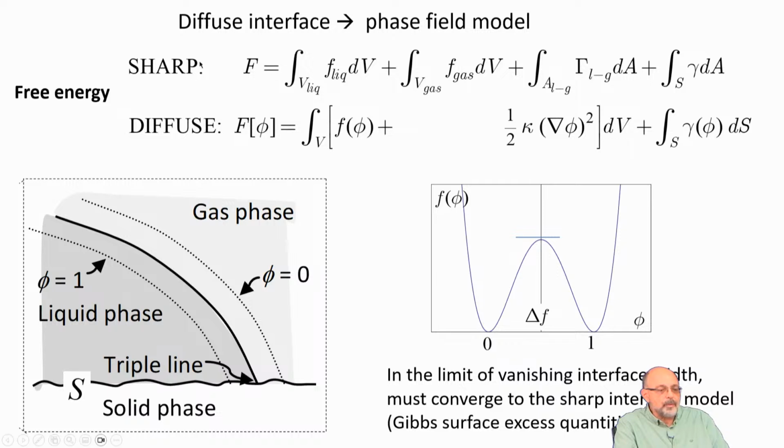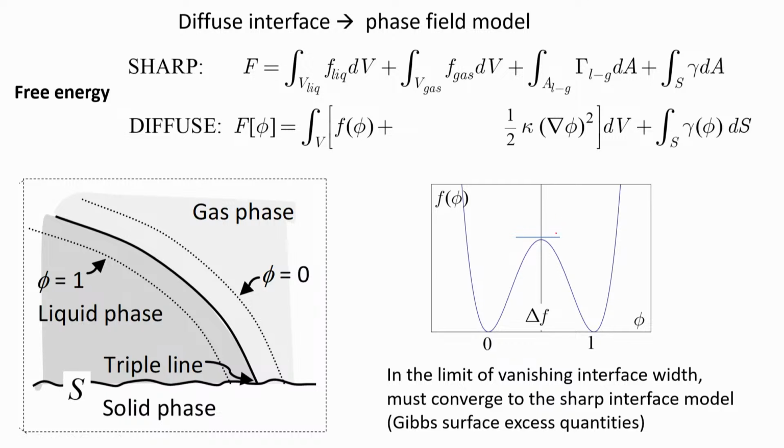I have a sharp interface formulation, and if I want to write the free energy for liquid and gas, I will integrate over the volume of liquid, integrate over the volume of gas. These are free energy densities. And then over the liquid-gas interface to get the liquid-gas interface energy.